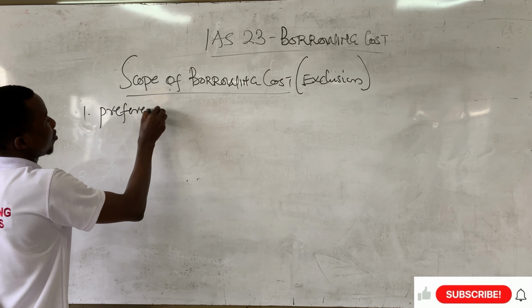or preferred capital, or preference shares that are not classified as a liability. Okay, that is the first one. The second exclusion to this standard is cost of equity, that is imputed cost of equity.